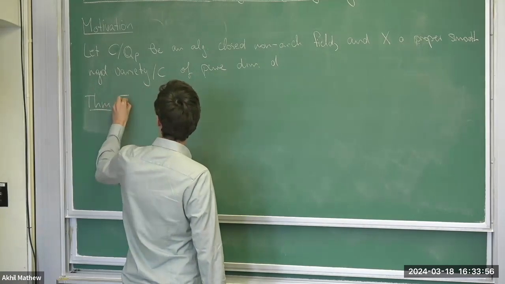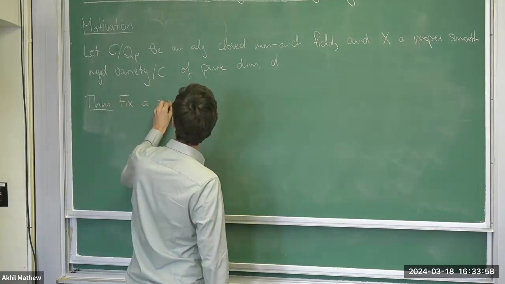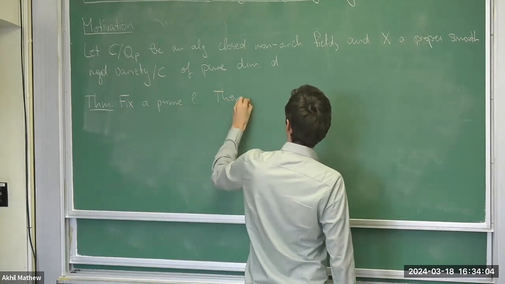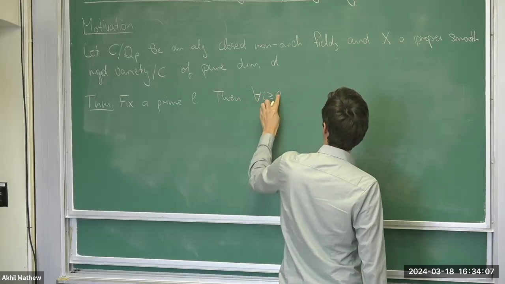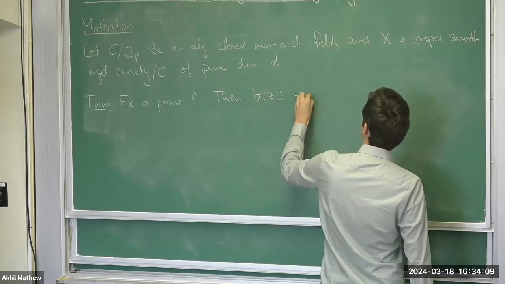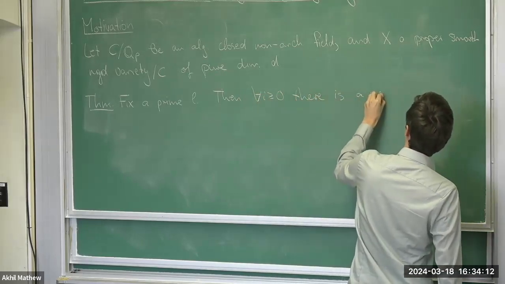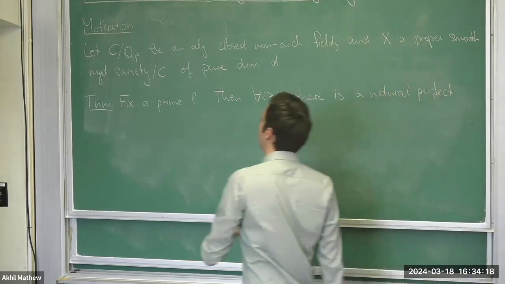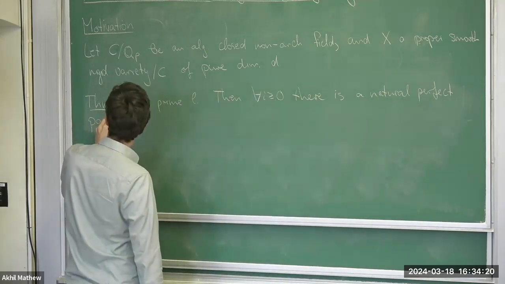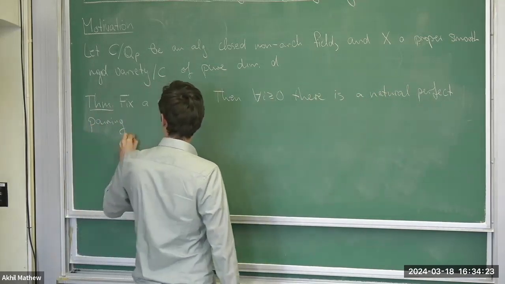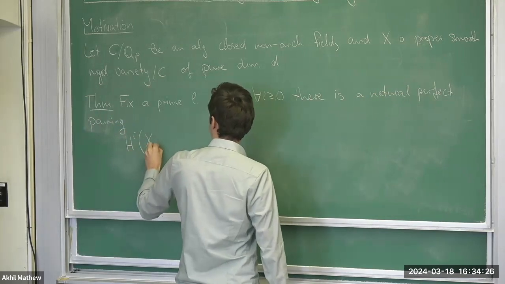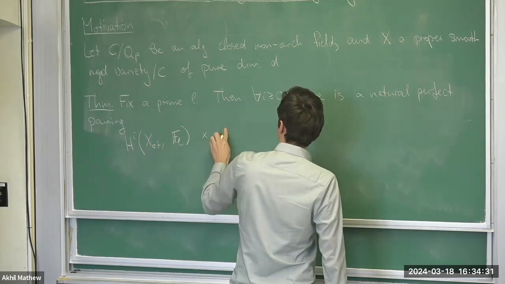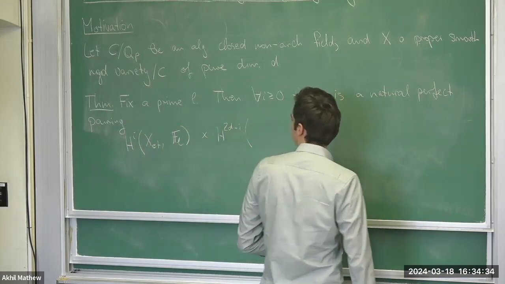For all integers i greater than or equal to 0, there is a natural perfect pairing of the i-th cohomology of X with coefficients in L, and the cohomology in degree 2d minus i.